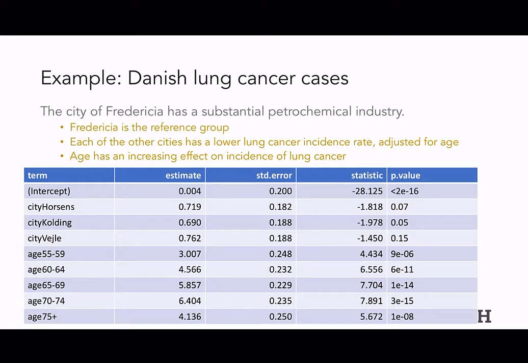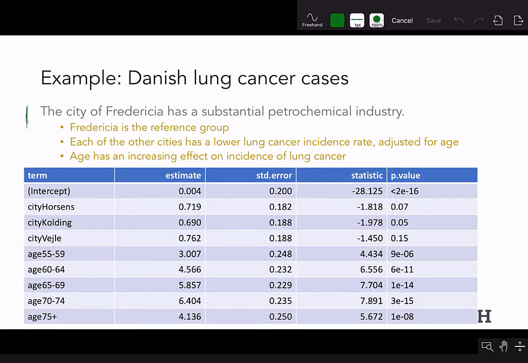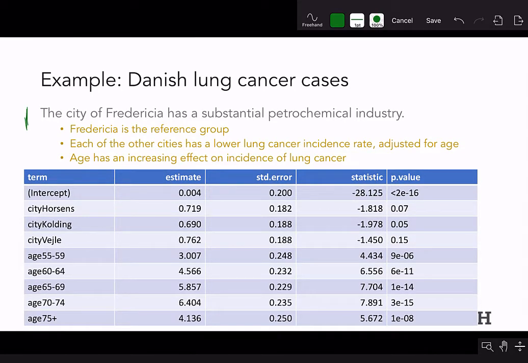So one of the things about this data is that the city of Frederica has a substantial petrochemical industry, and the researchers believed this may have some kind of effect on the incidence of lung cancer in that city.